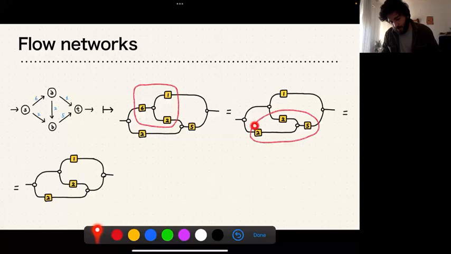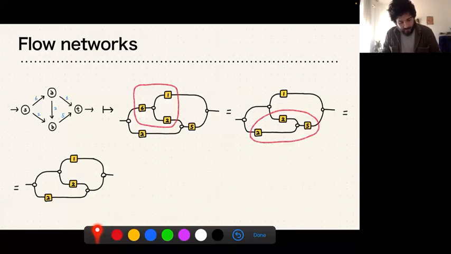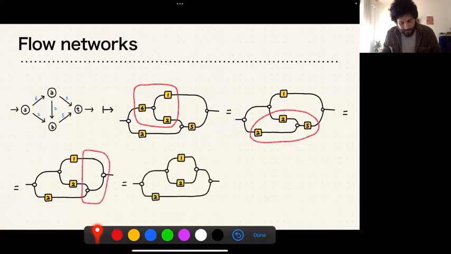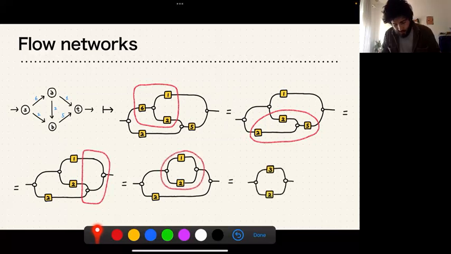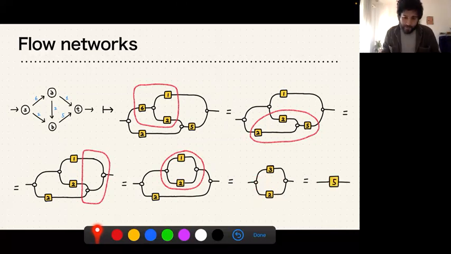We can do the same on this other part of the network and drop the 5. Then we can apply the commutativity of the addition, reorder the wires in order to apply the edge contraction on this part here, and get 3 out of 2 plus 1. Again, we can apply the edge contraction and get a single edge with 5.